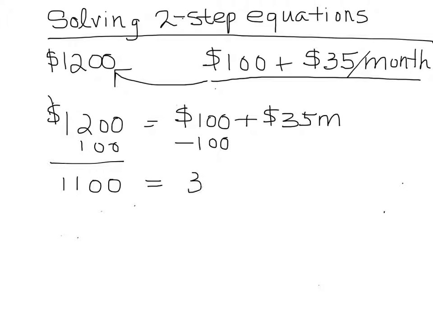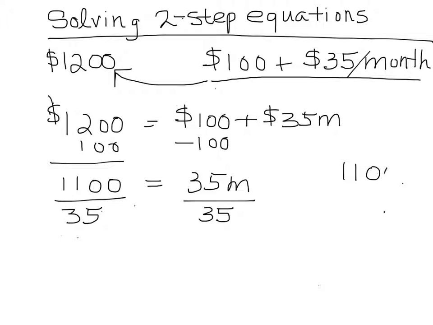So 35m. Now it looks like I'm going to have to separate the 35 from the m by division. So I'm going to do it over here too. So it looks like I'm going to have a division problem that is 1,100 divided by 35.